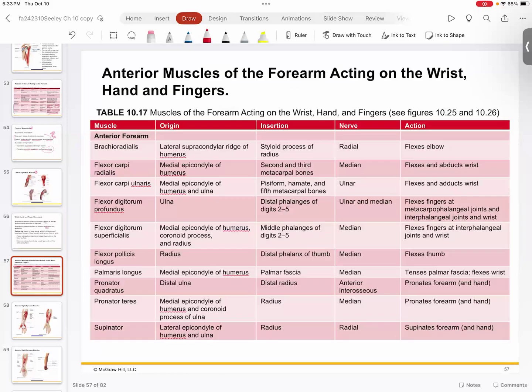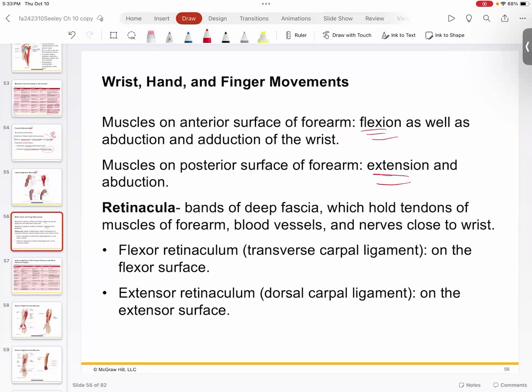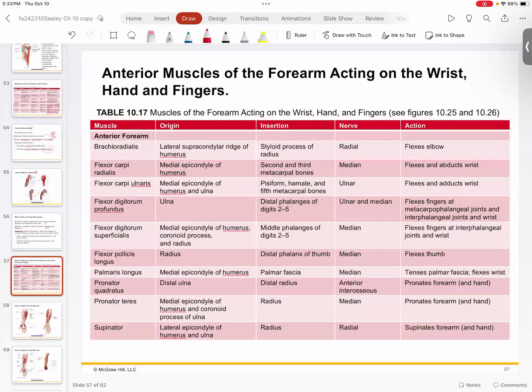When you take a look at this, you have a type of tendinous fascia called the retinaculum, which is like a wristband, if you will, of connective tissue. That basically wraps up your carpal ligaments in your wrist and creates a little bit of a wristband.